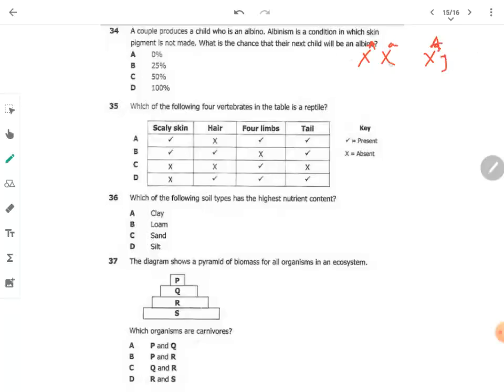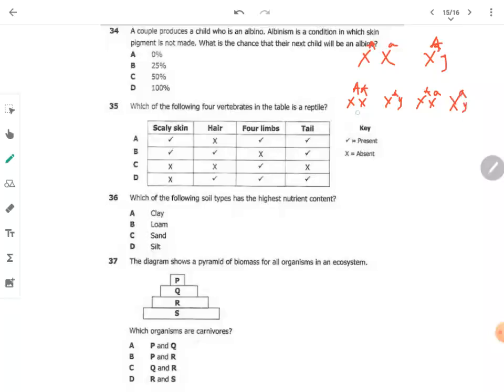So what you're going to have is A when you cross. It's going to have something like this. You're also going to have something like this.